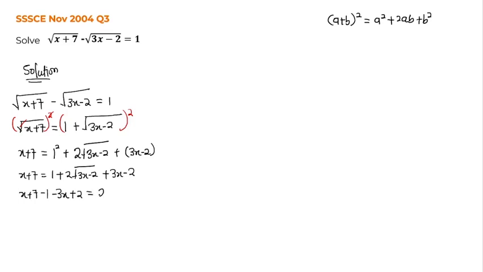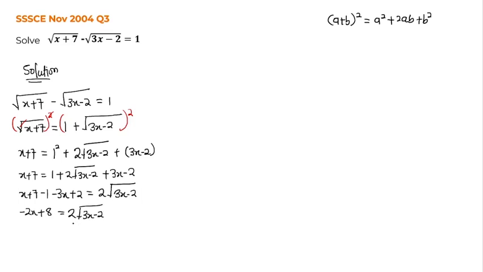Is equal to 2 root 3x minus 2. So over here I have x minus 3x, that will give me negative 2x. Then I have positive 7, positive 2, that will give me positive 9, minus 1, that will give me positive 8. So I have negative 2x plus 8 here is equal to 2 root 3x minus 2.